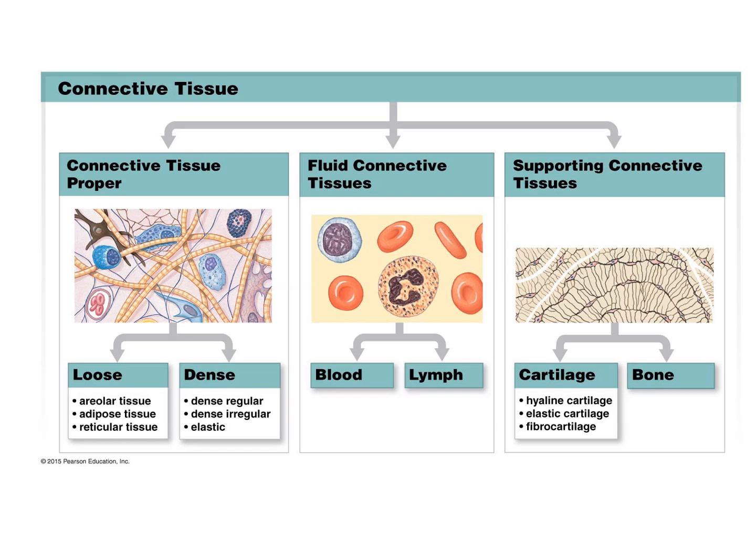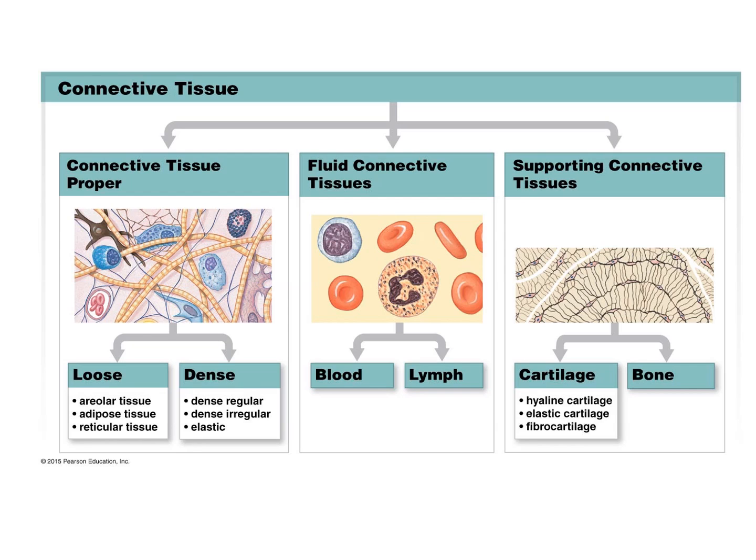Areolar connective tissue is very abundant in the body. It has a gel-like matrix with all three fiber types. It contains cells: fibroblasts, macrophages, mast cells, and some white blood cells. It functions to wrap and cushion organs.